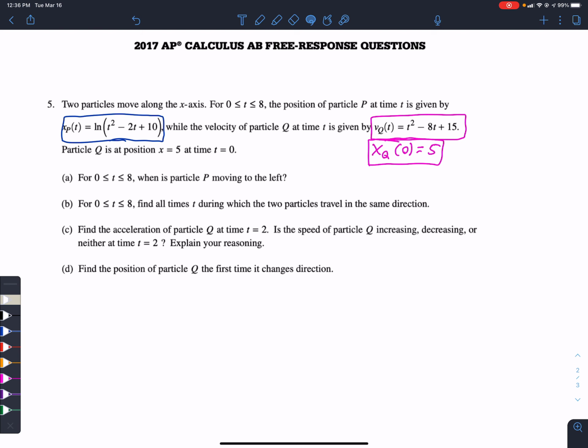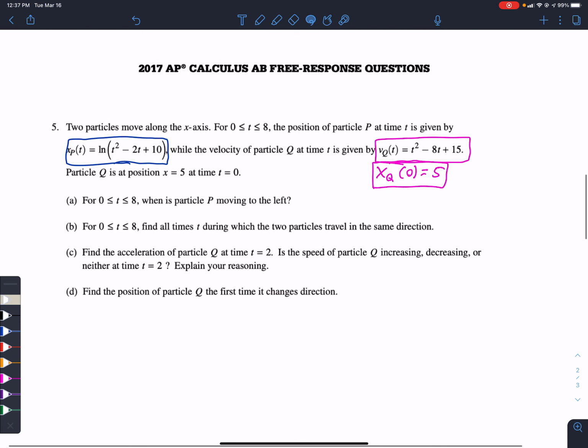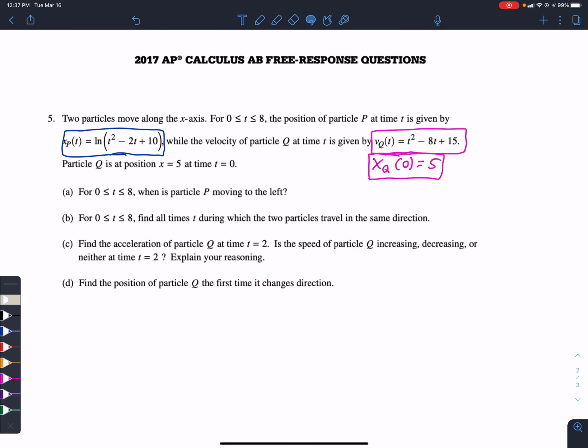All right, this is the 2017 number 5 question that deals with position, velocity, and acceleration. So as we read, 2 particles travel along the x-axis, moving left and right from 0 to 8.